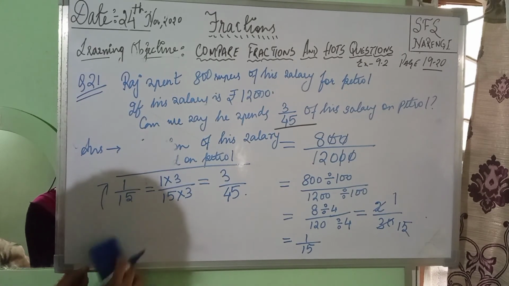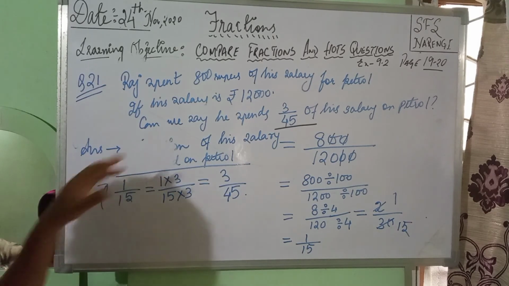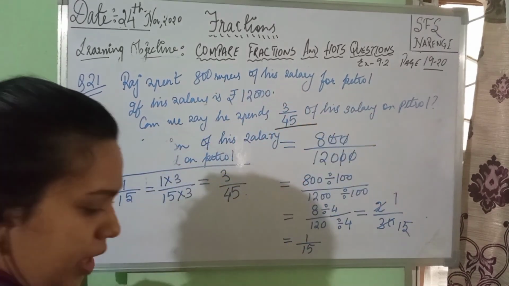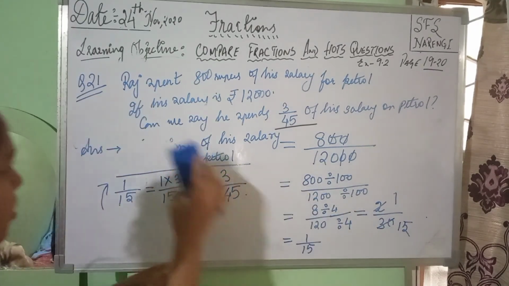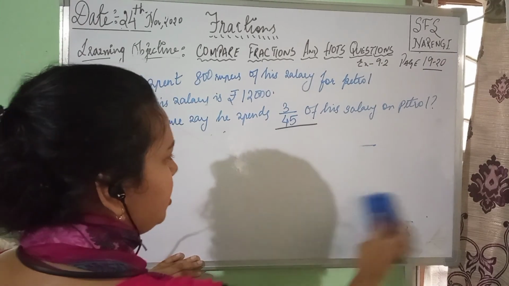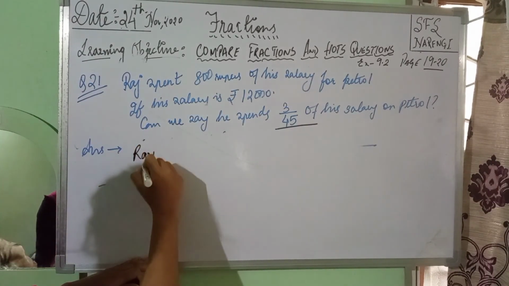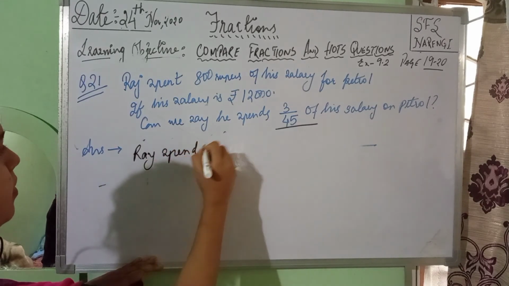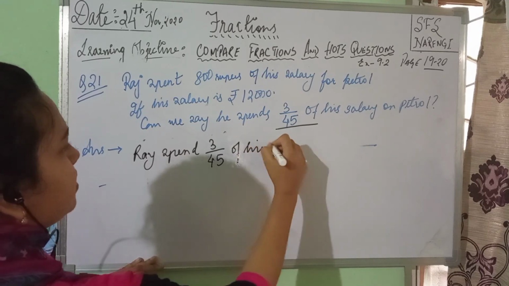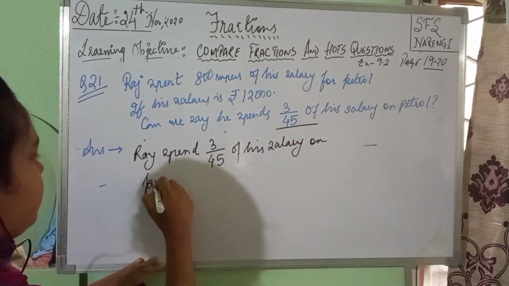So we can say that he spends 3 by 45 of his salary on petrol. Yes, the statement is correct and Raj spends 3 by 45 of his salary on petrol.